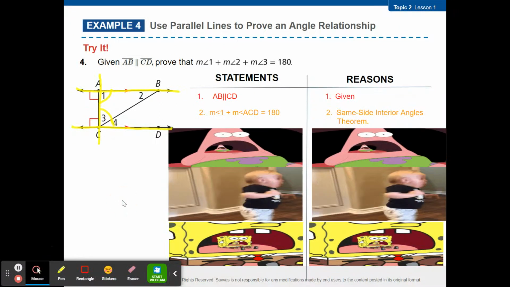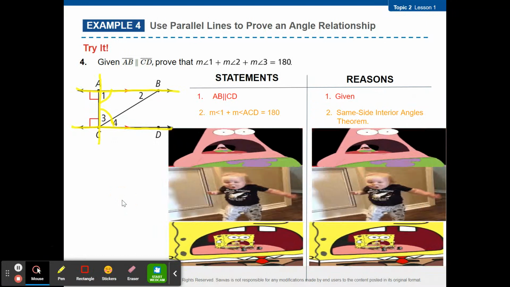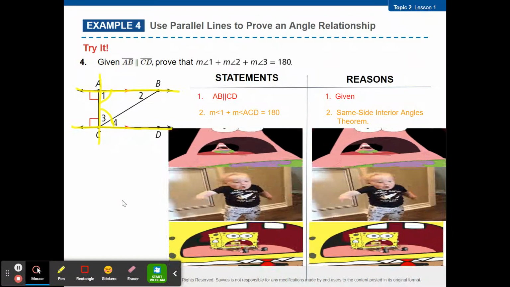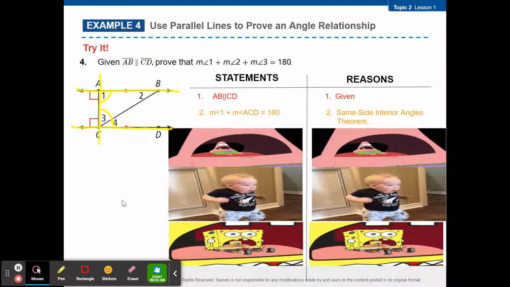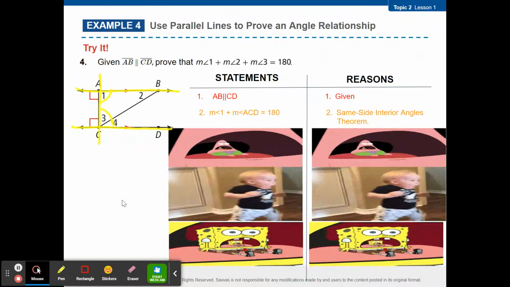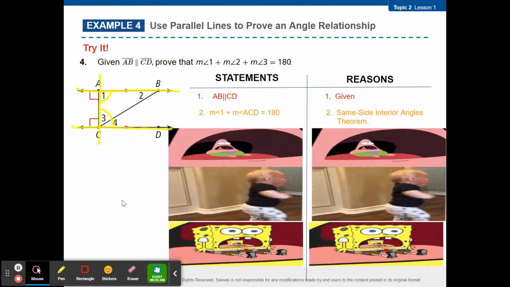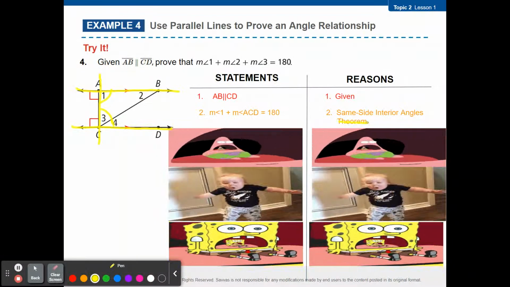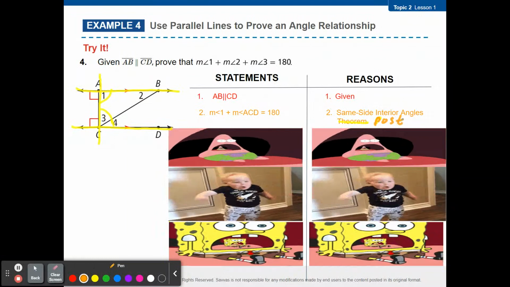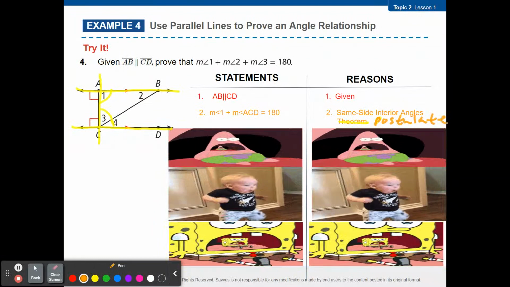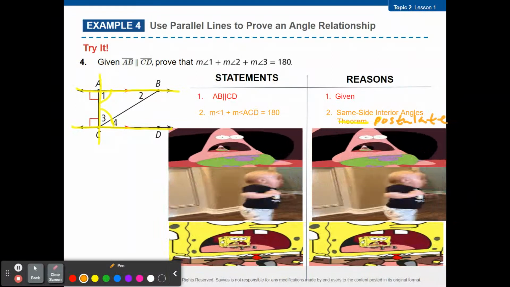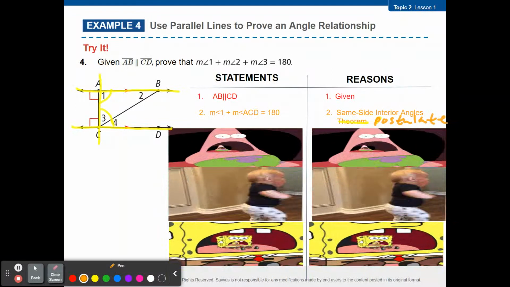So we have the same side interior angles theorem there. It is a postulate. Our old book called it a theorem, so that's a typo. So that should be postulate. The old book called the corresponding angles the postulate, so the books are a little different.